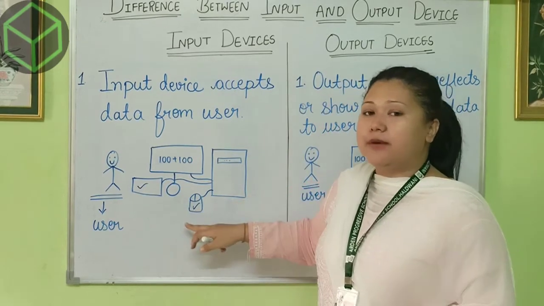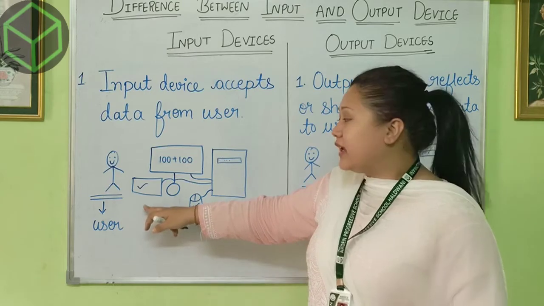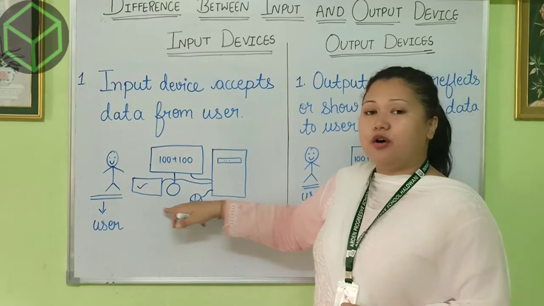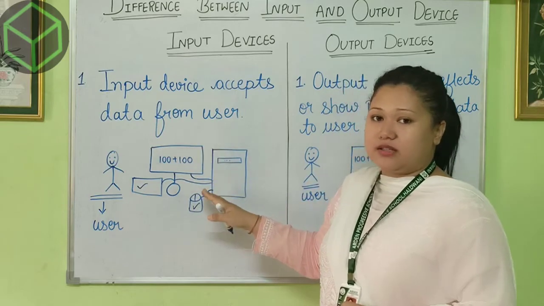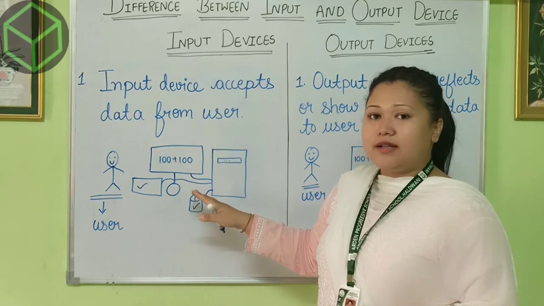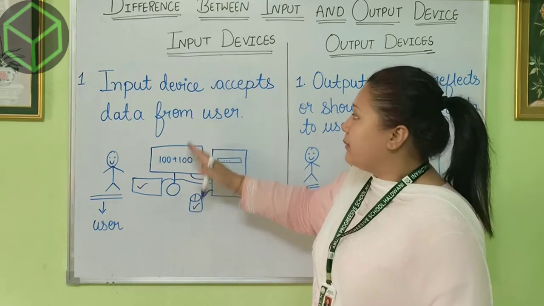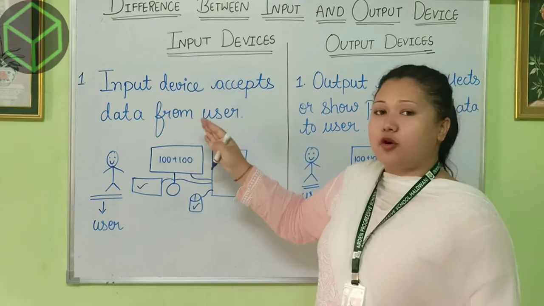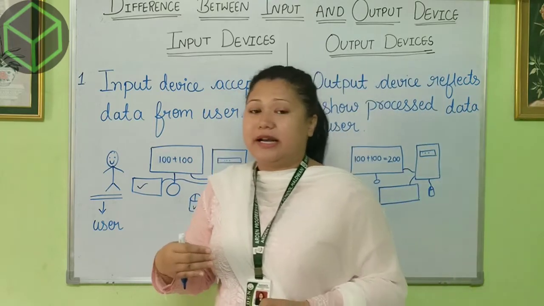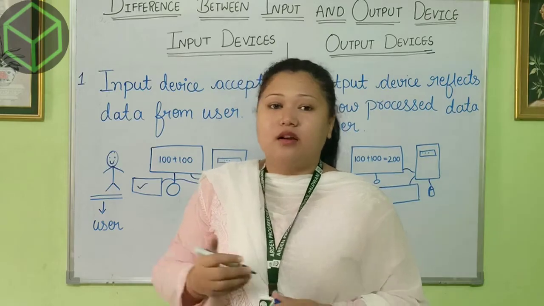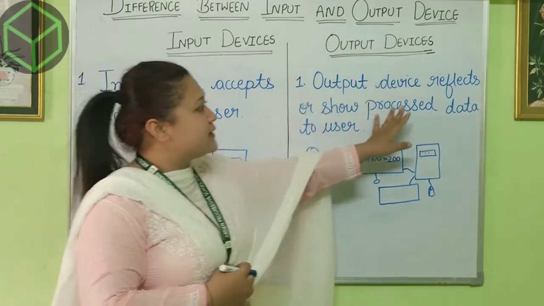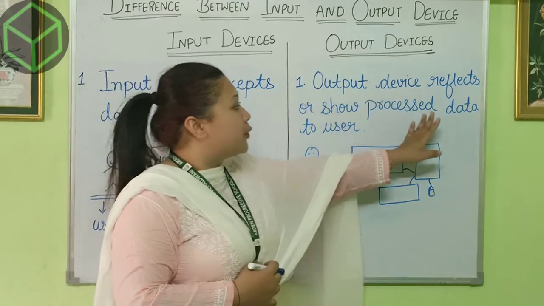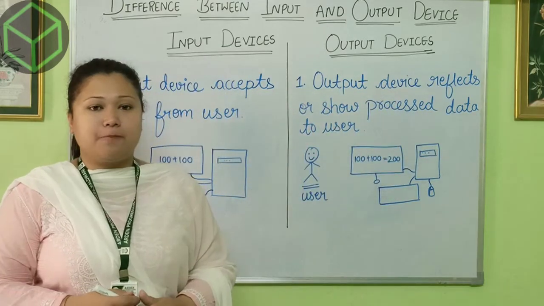Keyboard and mouse are input devices, and with the help of these devices you are giving instructions to the computer system, right? So the input device accepts data from the user. Now what about output device? Output device reflects or shows processed data to the user.